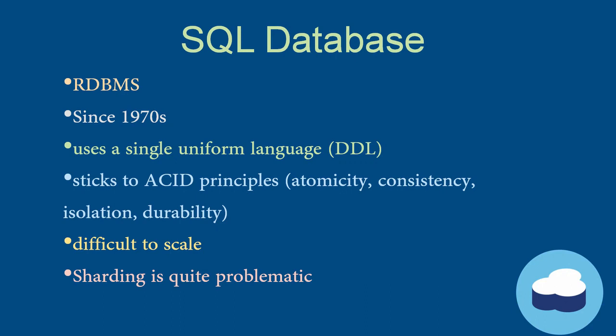It uses a single uniform language, the data definition language, which is implemented with SQL. It follows ACID properties: atomicity, consistency, isolation, and durability. It is difficult to scale and sharding is quite problematic. When we want to create a backup of our data or shards, it is very difficult because it is not designed for clusters.